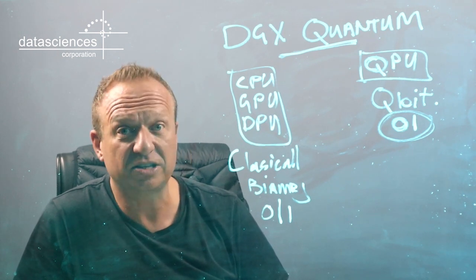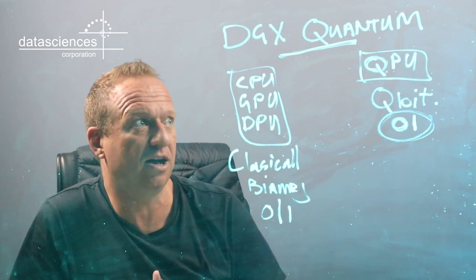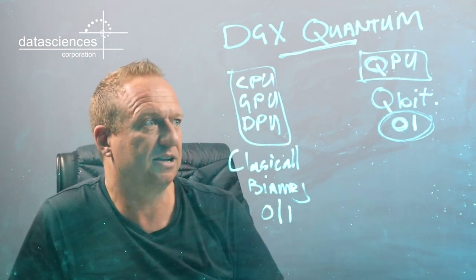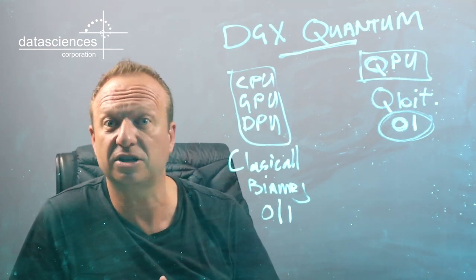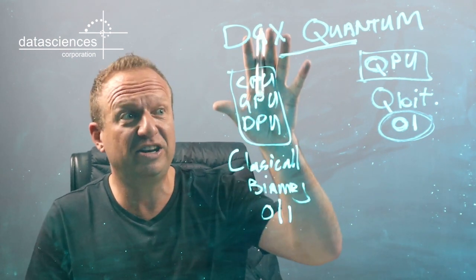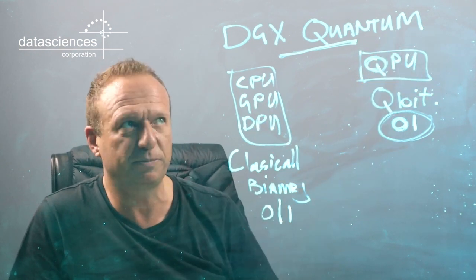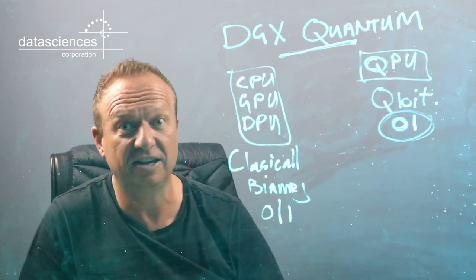And that allows us to address really big data and big algorithmic problems, and allows us to solve those calculations a lot quicker. So to the point where you actually need an NVIDIA supercomputer to drive an interface to a quantum computer, and that is exactly what NVIDIA has done, and that's why it's so exciting.